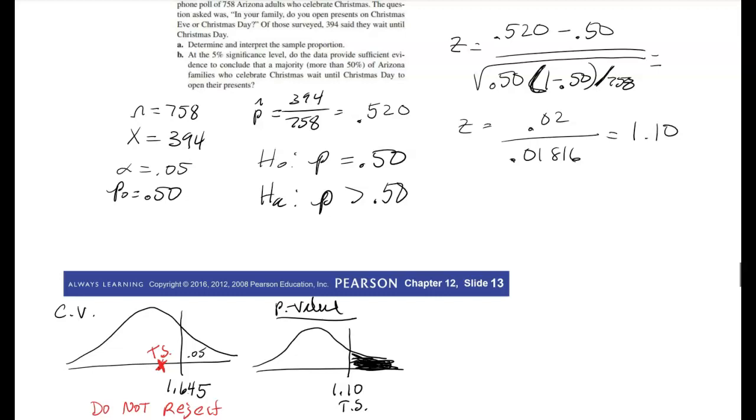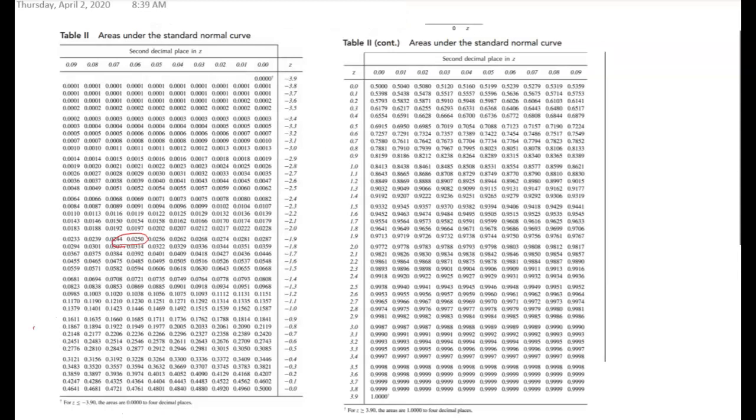So to get that area, we can use our formula sheet. This is a z-table, so it makes it a little bit easier. Our test stat is 1.10. Take a look. If you go to 1.10, we were trying to find that area.